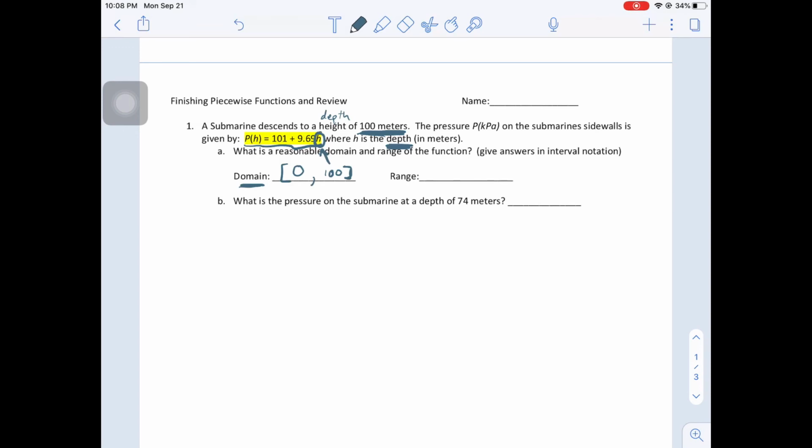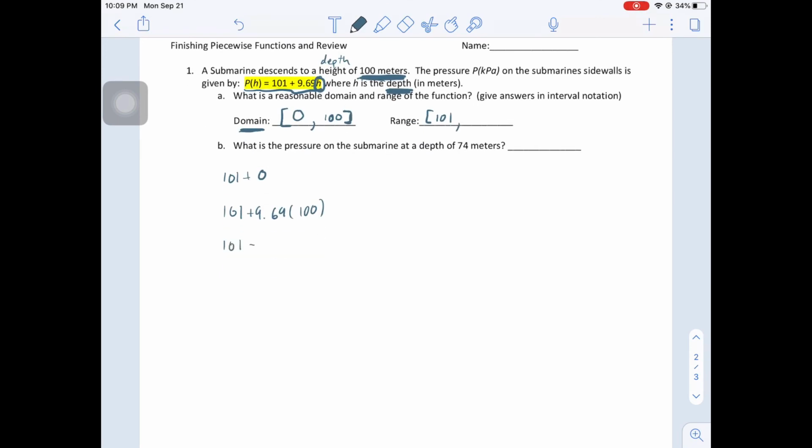In order to find the range, we're going to plug in the lowest x value and the highest x value, and then that should give out what our range is going to be. So if we plug in 0 into h, we would get 101 plus 0. Okay, so that's going to give us just 101 for a lower bound. For an upper bound, we're going to plug in 100. So 101 plus 9.69 times 100.